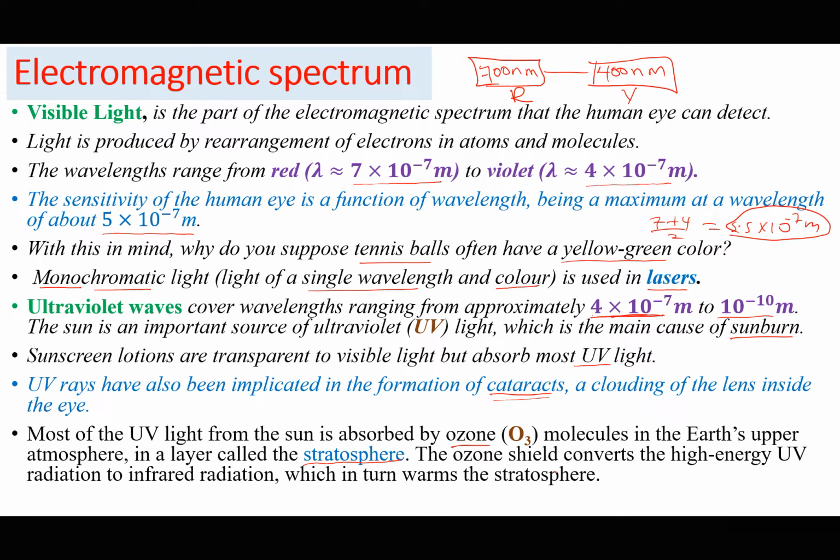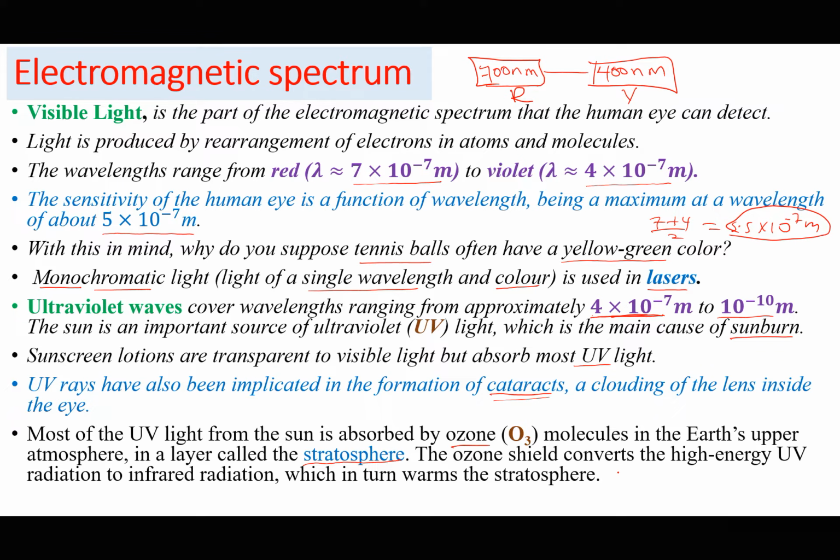The ozone's purpose is to shield us from excess UV by converting the high energy UV radiation to infrared radiation, which in turn warms up the stratosphere. So most of the UV from the sun does not reach us because the stratosphere has ozone molecules, which protect us from excess UV radiation.